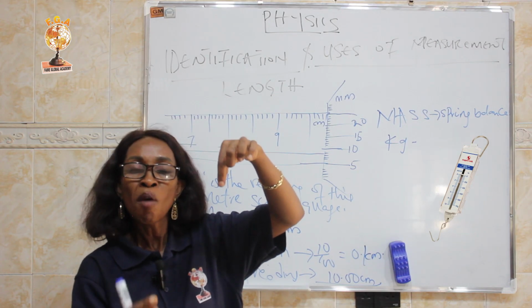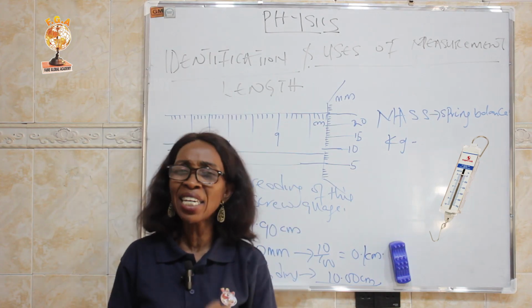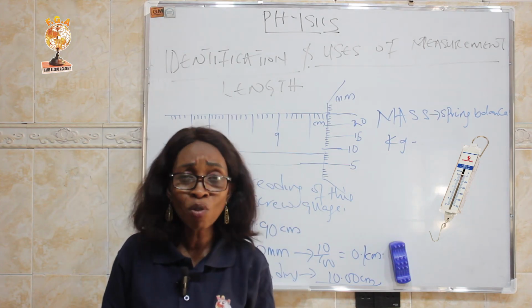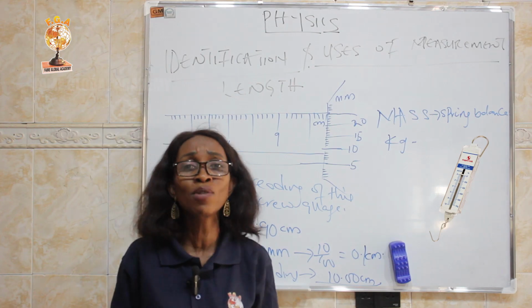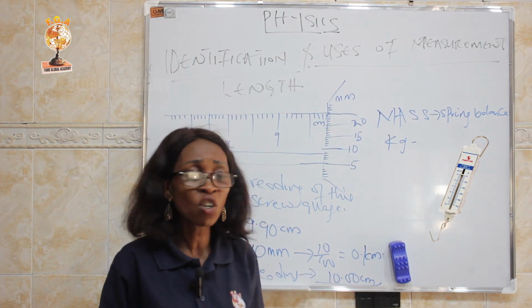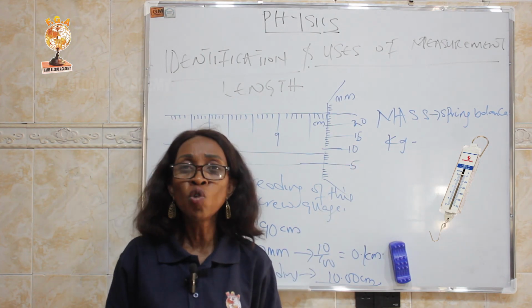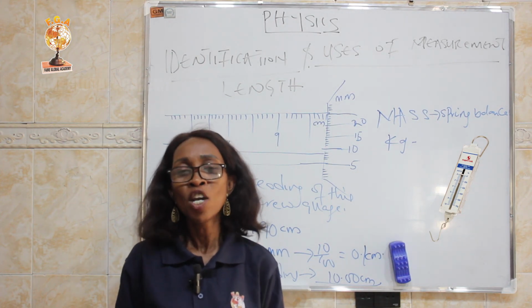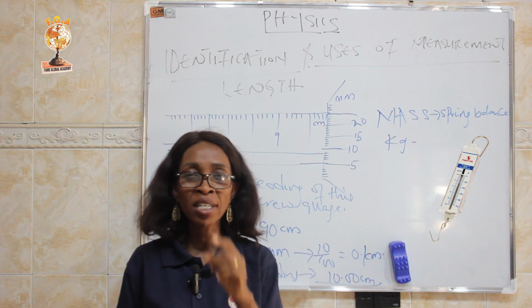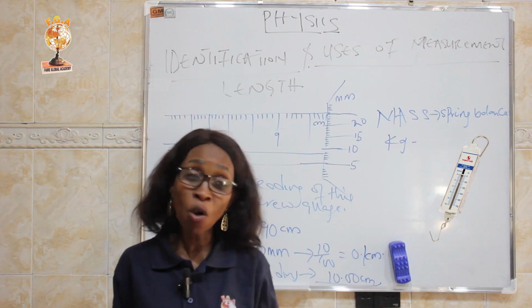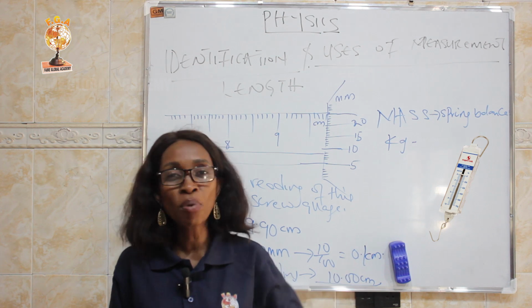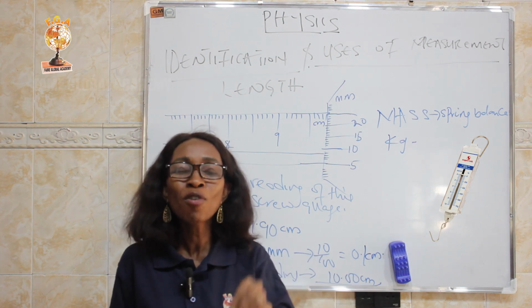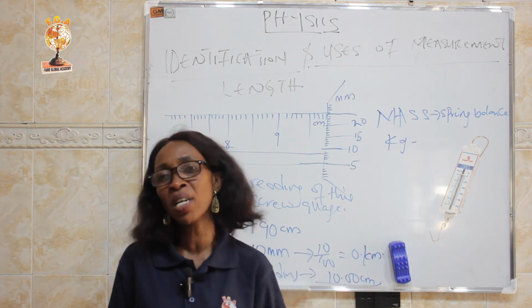But when you are doing any reading in the lab, whether you are using the meter rule, the vernier caliper, the micrometer screw gauge, or the spring balance, you must ensure you avoid error due to parallax, especially for those who want to write their WAEC exam. When you are doing your practicals, you'll be asked, what are the precautions you took when performing an experiment?